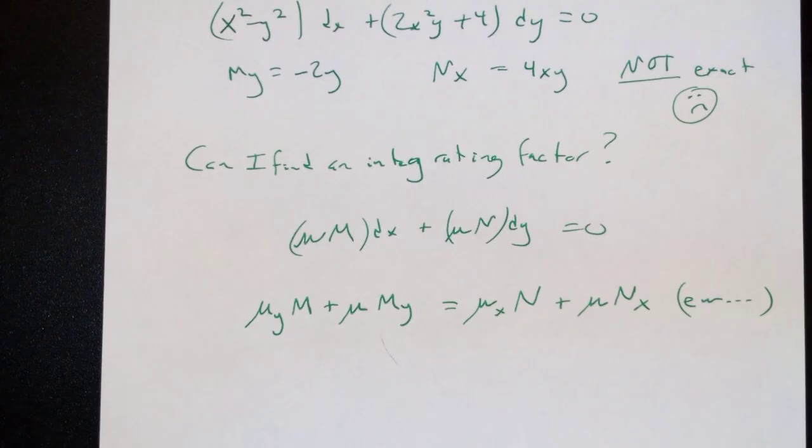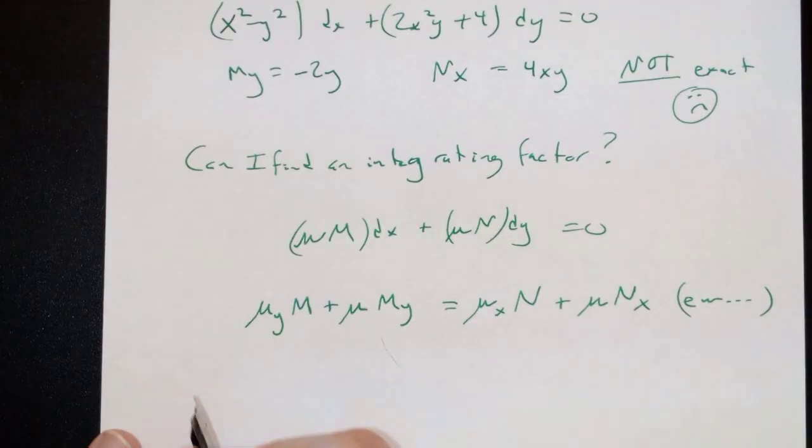This is a partial differential equation. I have no clue how to solve this. Unless I get lucky. If one of these partial derivatives of mu is 0, then I can do this.